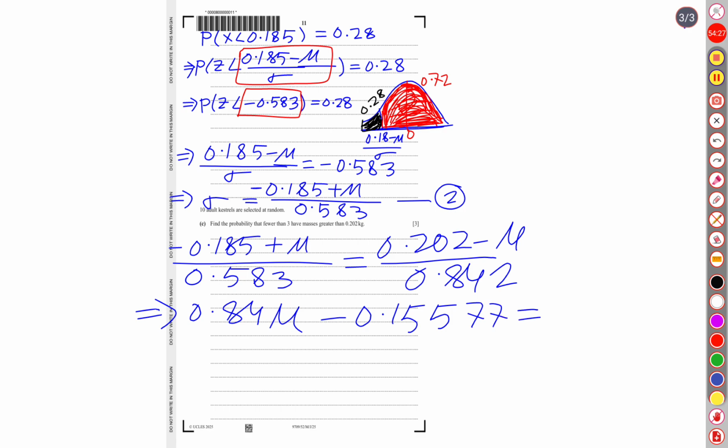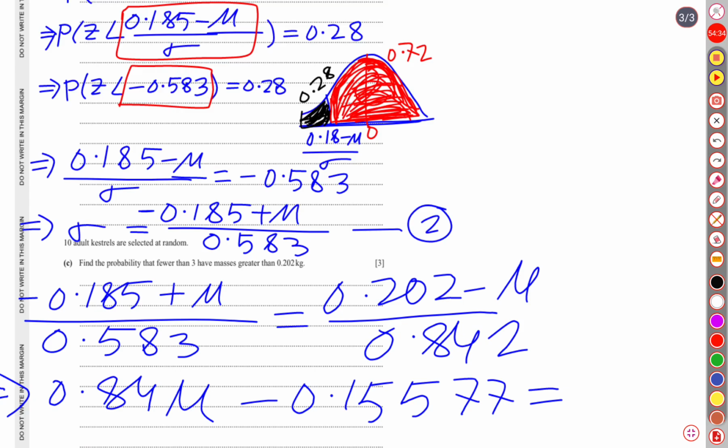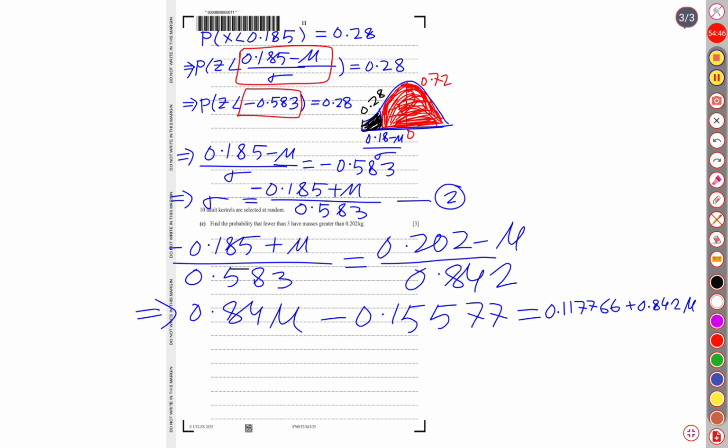On the other side, if we multiply 0.202 into 0.583, it is going to be equal to 0.11776, and this is not 0.842 mu, it is going to be negative 0.583 mu.